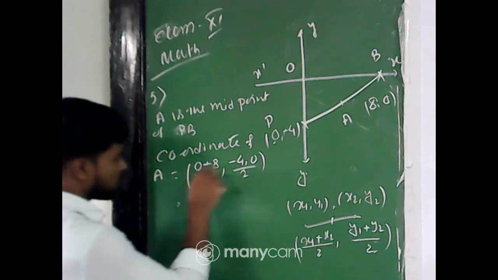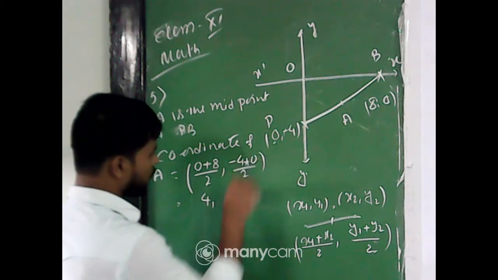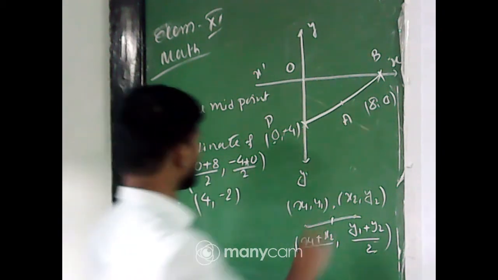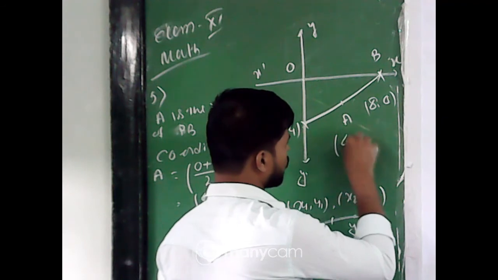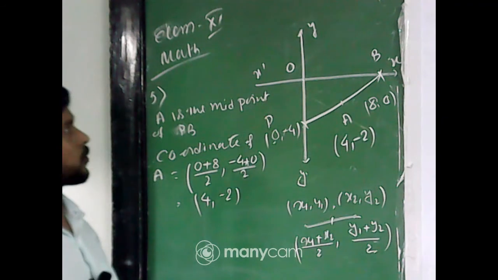That means 0 plus 8 by 2 means 4, and minus 4 plus 0 by 2 is equal to minus 2. That means the coordinate of the point A is 4 comma minus 2. Okay, so that we have calculated.